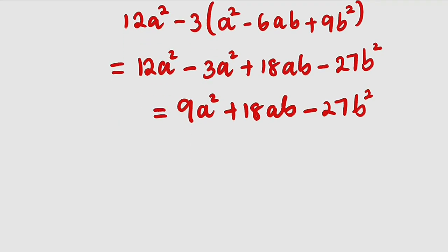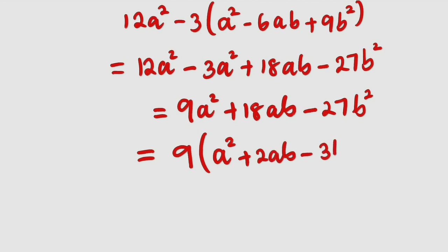All these terms contain a factor of 9 because 9 can divide 9, 18, and 27. So we can factor out 9 inside. We have a squared plus 2ab minus 3b squared, because 9 divided by 9 is 1, 18 divided by 9 is 2, and 27 divided by 9 is 3.